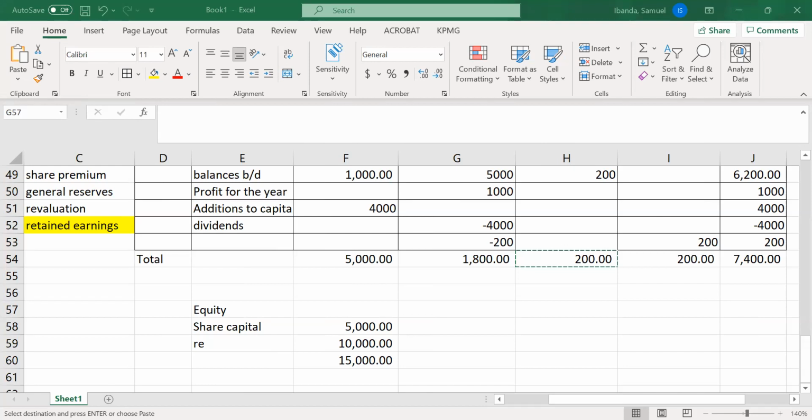And when they are closing off their partnerships, we have what we call realization. So we have the aspect of revaluation and we have the aspect of realization. Now, this one usually confuses students of how to work with accounts of revaluation and also work with accounts of realization.